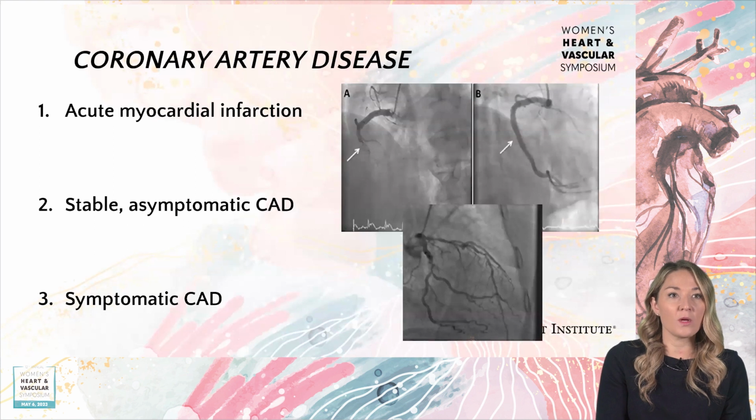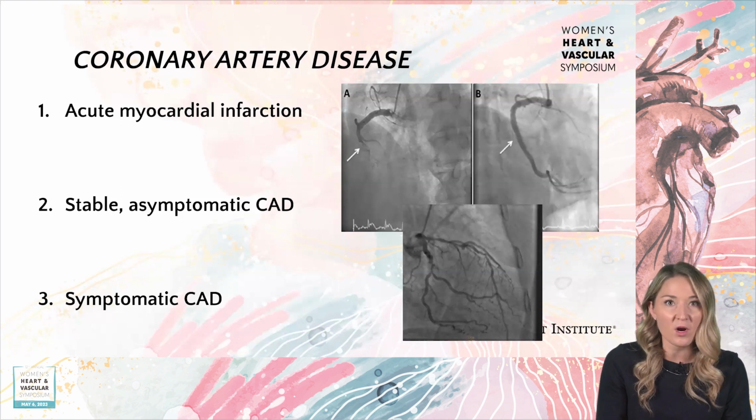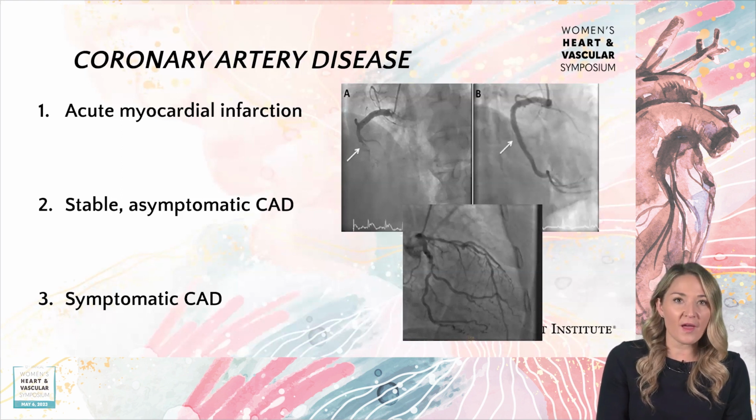All right, so other types of coronary artery disease, as I said, there's lots of flavors. I want to just touch on one of the big topics in coronary disease that gets a lot of credit for what we do as interventionalists: acute myocardial infarction. So when someone comes in having a heart attack, what does the artery look like?